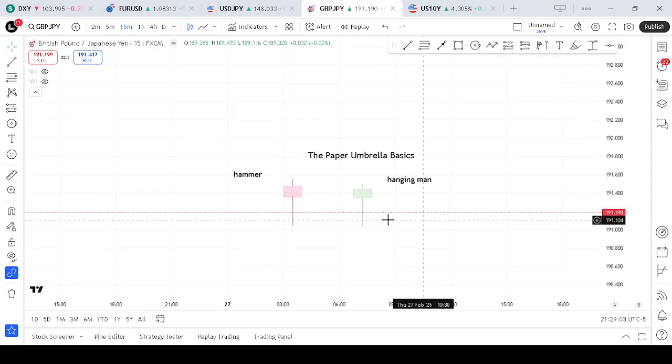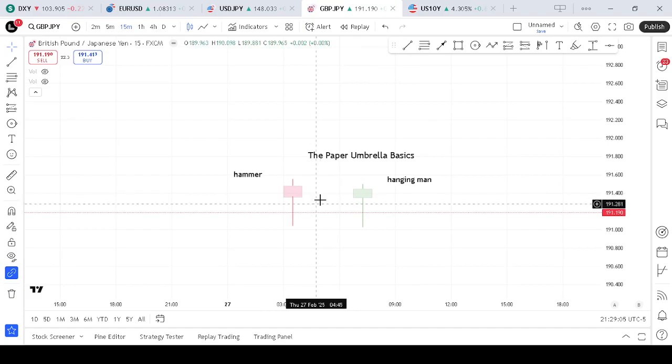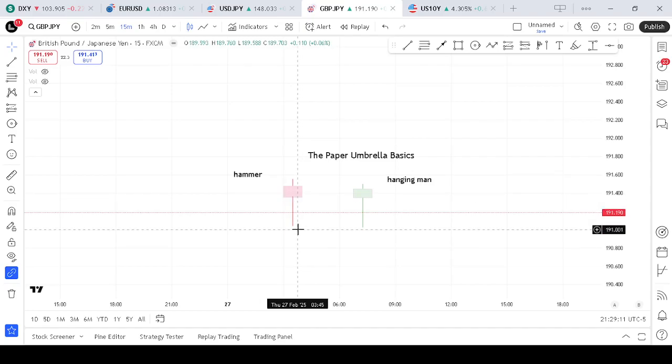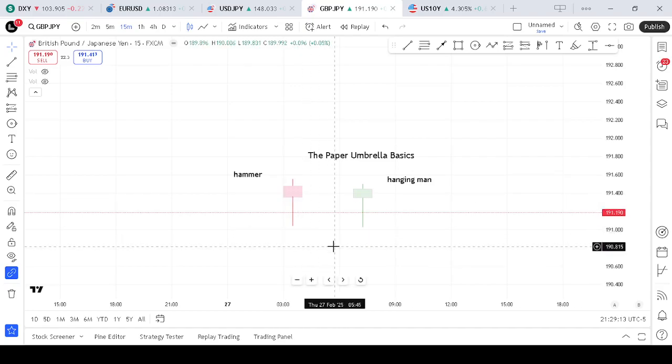It's characterized by a small real body and a long lower shadow. The shadow must be at least twice the size of the real body for a valid signal. The color of the real body isn't crucial, but it can provide additional confirmation of the potential trend direction.